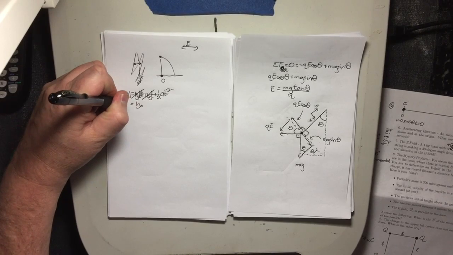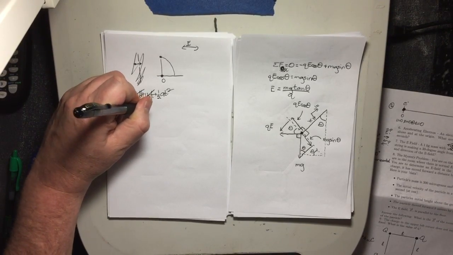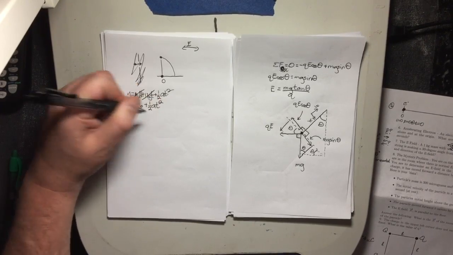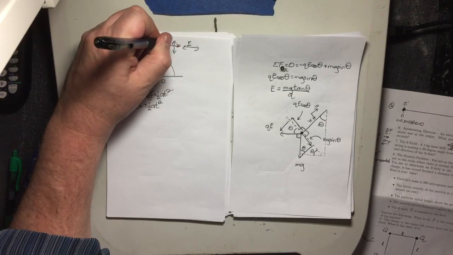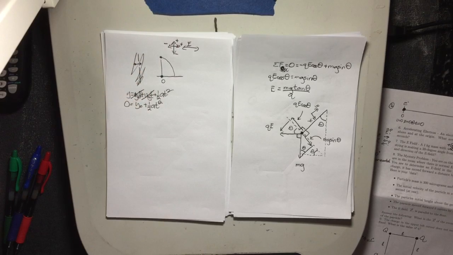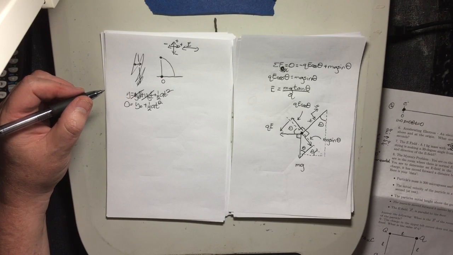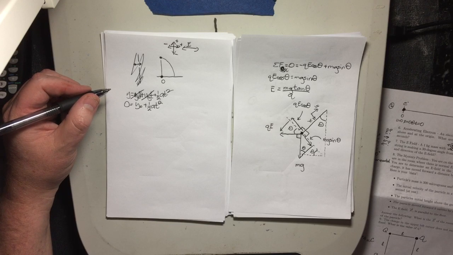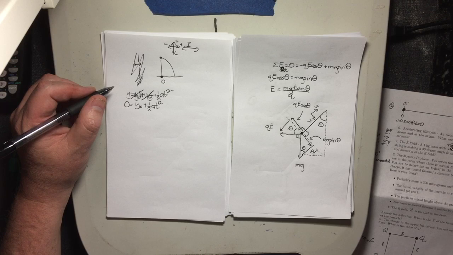So that means y final is 0. We're using our traditional directions: down is negative, left is negative, right and up are both positive. The final y would be 0 because it's resting on the table.